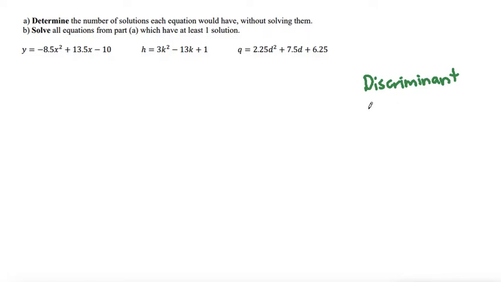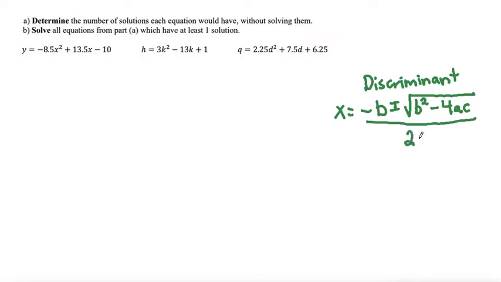If you think about the quadratic formula, x is equal to negative b plus or minus the square root of b squared minus 4ac all over 2a.